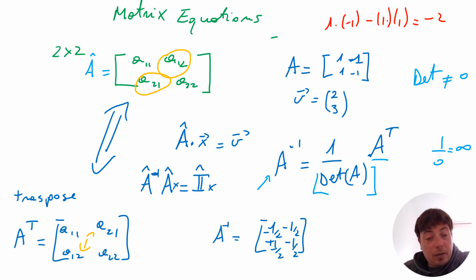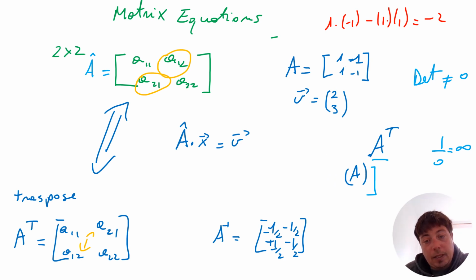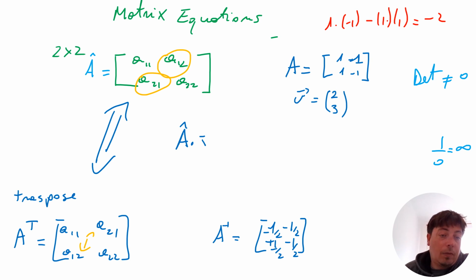And if I didn't make any mistake, this matrix should give identity when I multiply by the initial matrix. Let's hope it works. And then we can use that to solve the equations. So we have 1, 1, 1, minus 1.